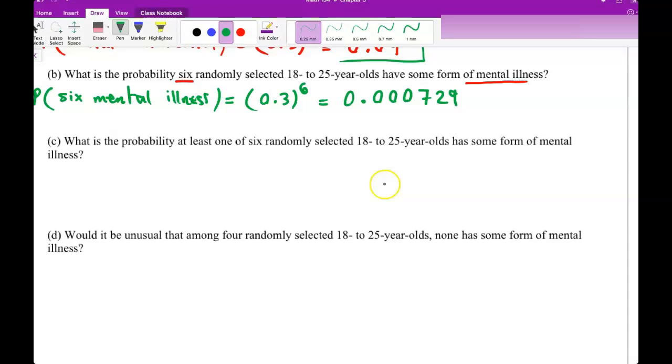Now the next one, what is the probability at least one of 6 randomly selected has some form of mental illness? We have 6.